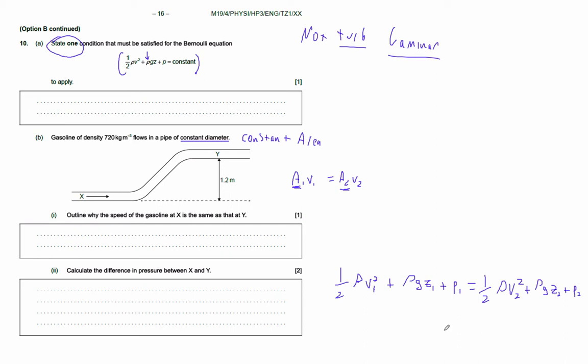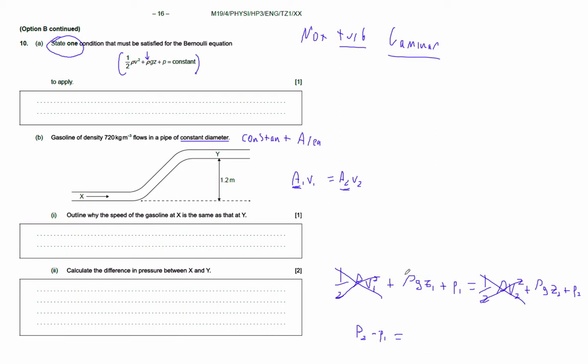And what they're asking us is what's the pressure difference between x and y, so that's going to be p2 minus p1 or something like that. Well, the velocities are the same, so these terms will be the same on both sides. They're not zero, but they're the same, so we can cross them off.